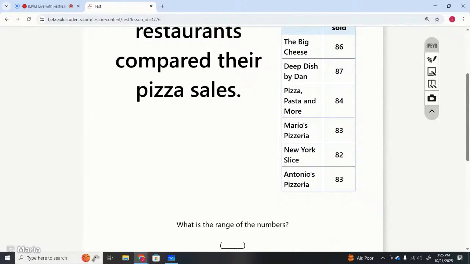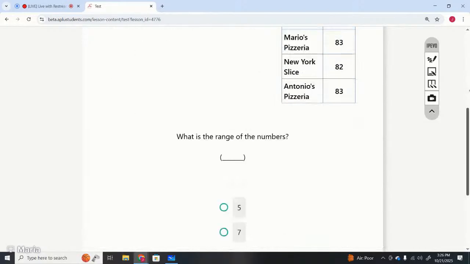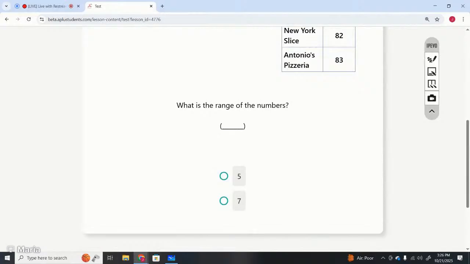So the least number in the given data is 82, I think, and the greatest number is 87. 87 minus 82 is 5. Option number 1 is the correct option.